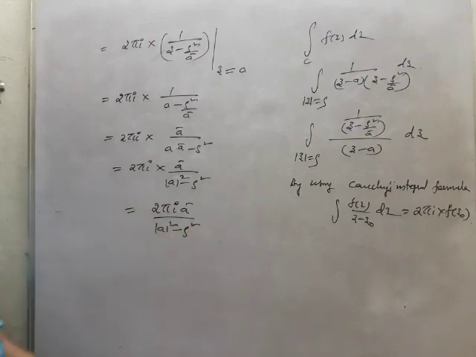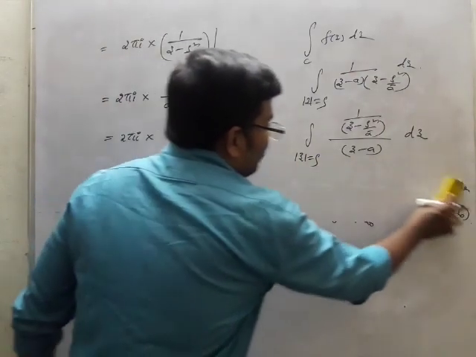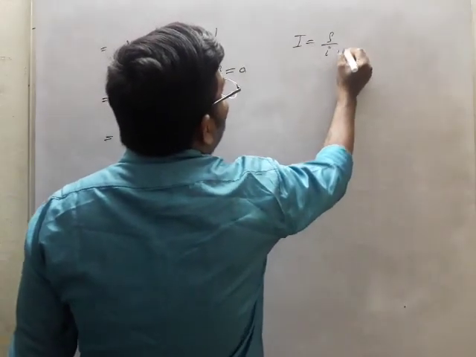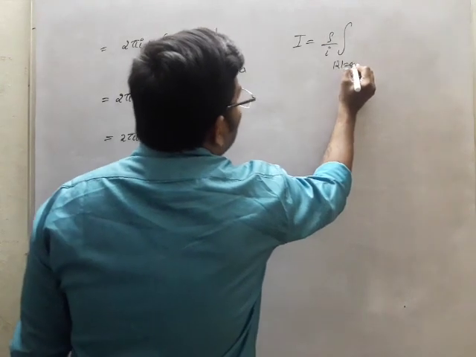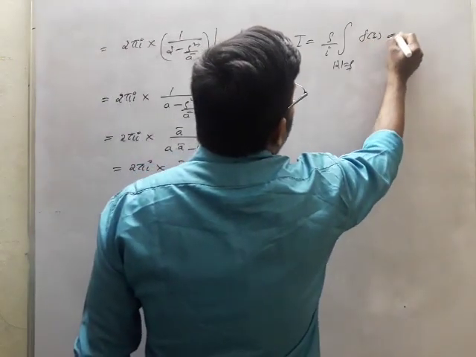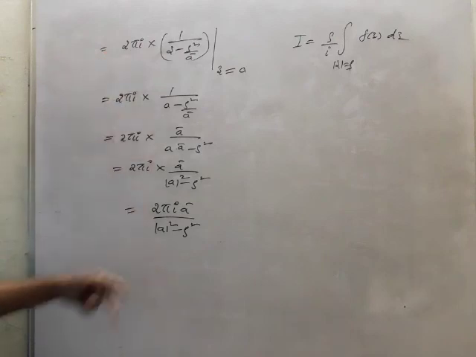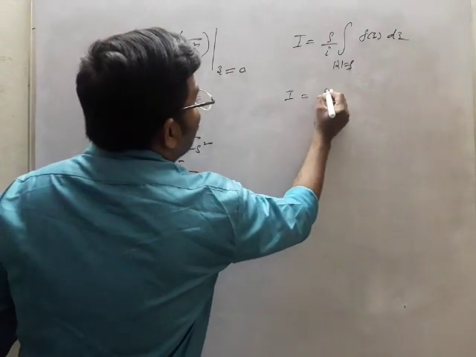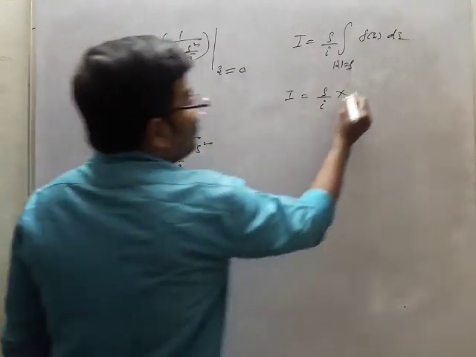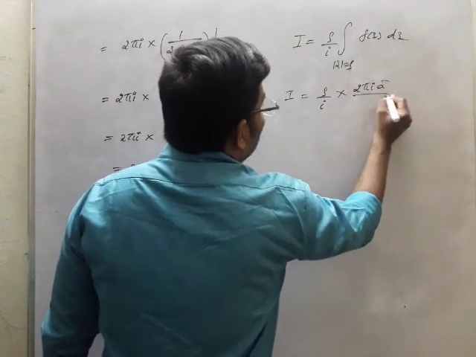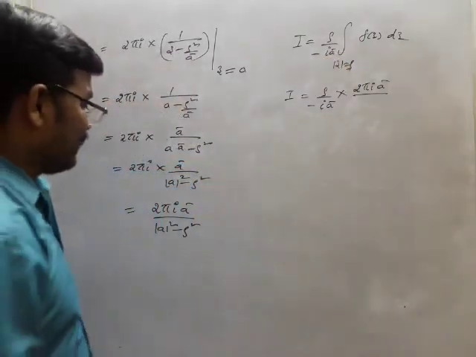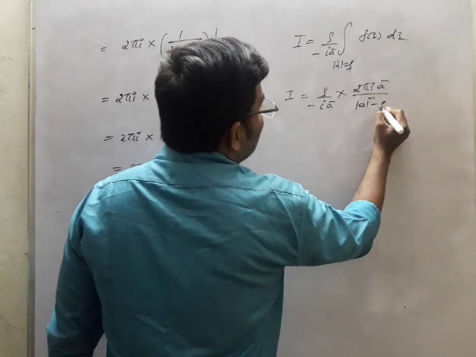But what is I equal to? We have I equal to rho by i times the integral over mod z equal to rho of f of z dz. That f of z we have already found, so I will substitute it. I is equal to rho by i into what we have found, that is 2 pi i into a bar, with the minus sign also there, over mod a square minus rho square.